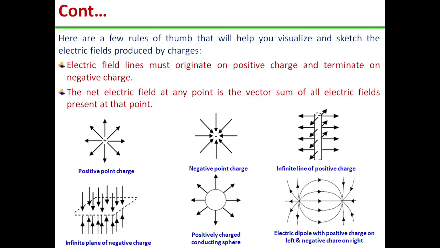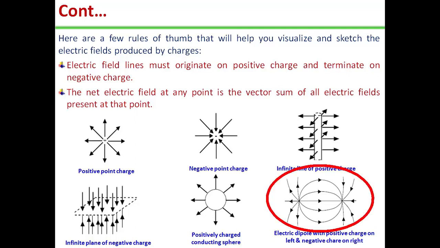Look at these charges as shown in the figure. Here are a few rules of thumb that will help you to visualize and sketch the electric fields produced by charges. The electric field lines must originate on the positive charge and terminate on the negative charge, and the net electric field at any point is the vector sum of all the electric fields present at that point.